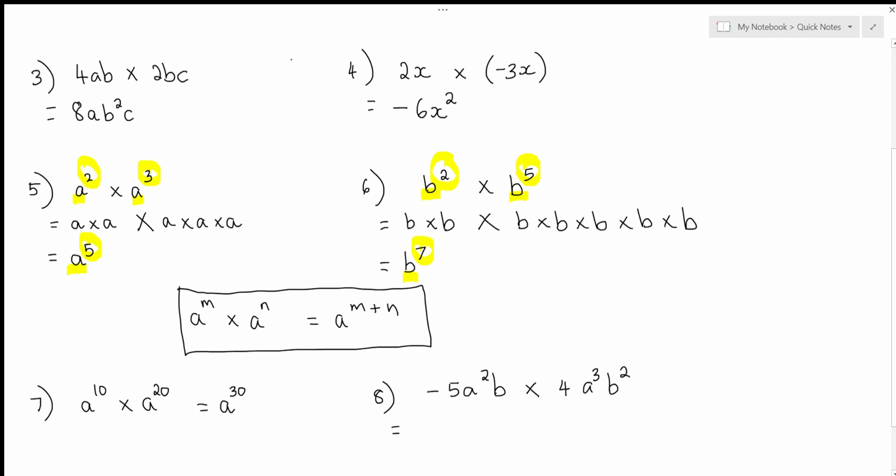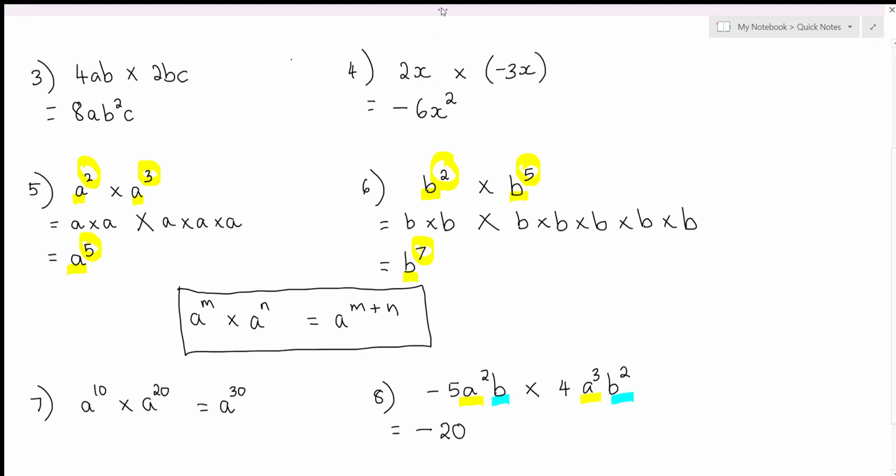I would say a negative times a positive would give me a negative. Then I would look at my numerical values, and I would say 5 times 4 is 20. And if you wanted to, you can color code your letters. So this variable of A and A, I'm using yellow. And then I could color code the B's, those bases there, B and B.